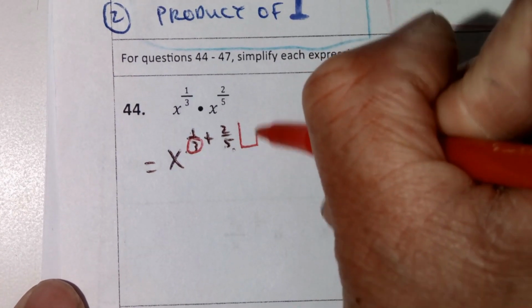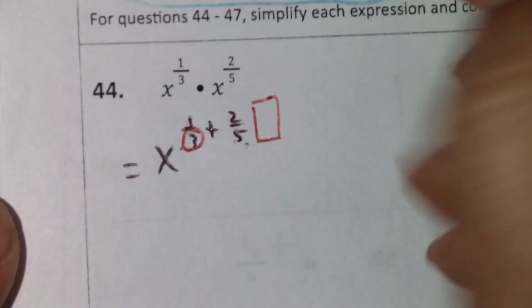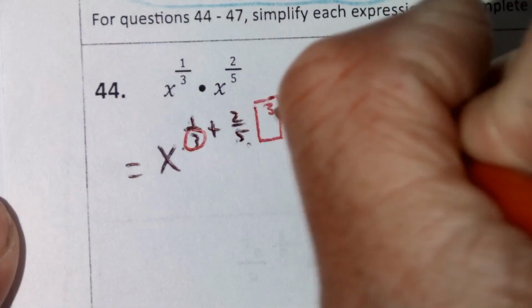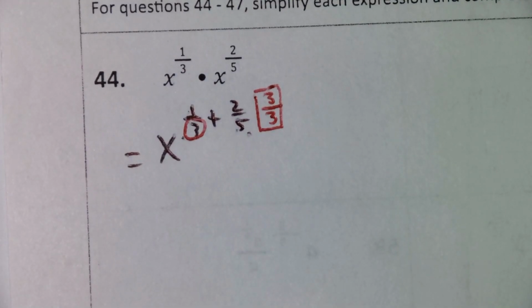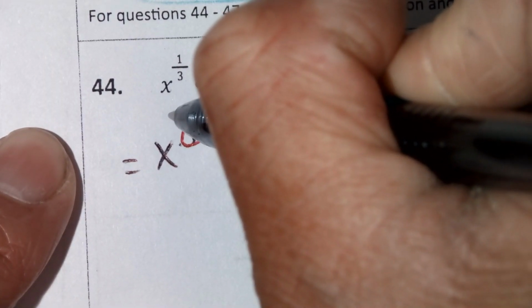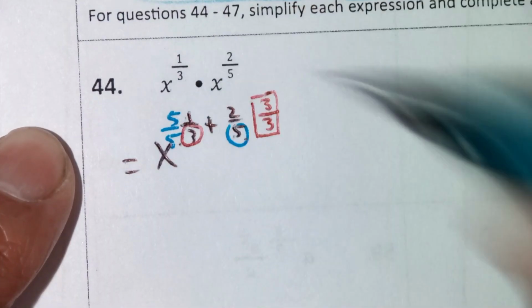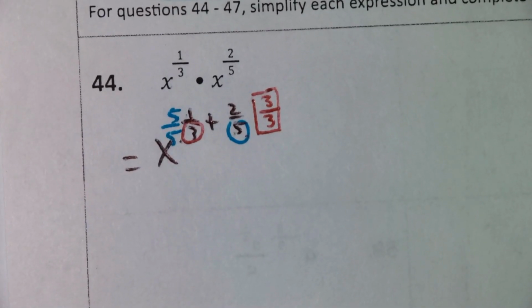Well, there's my hint. I'm going to multiply this side by a number, and that's going to be 1. So this side I'll multiply by 5 over 5, right side 3 over 3.